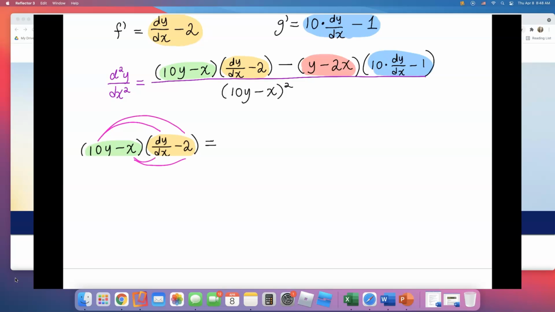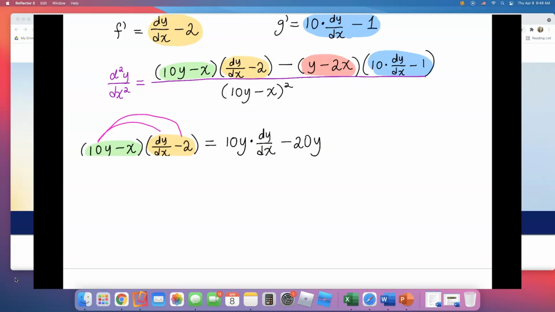If I do that, I will get 10y times dy dx, right? That's the first term. And then I should probably draw these lines as I go over them. What's next? 10y times negative 2. That is minus 20y.